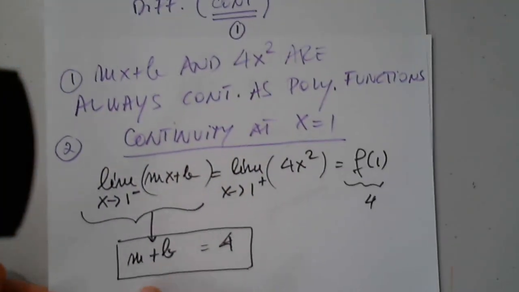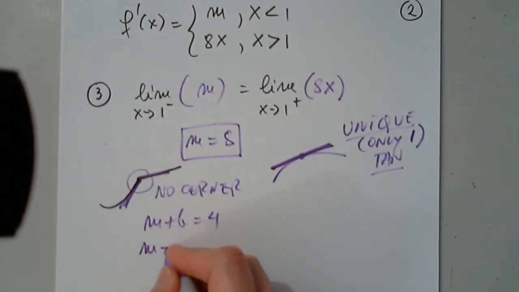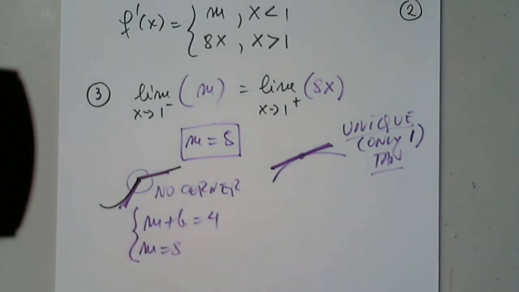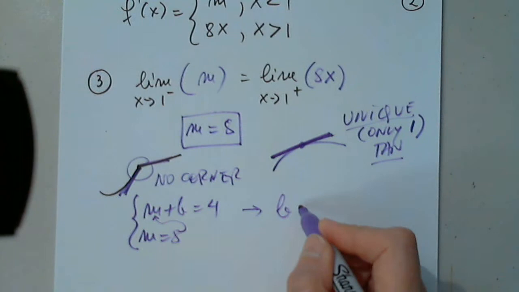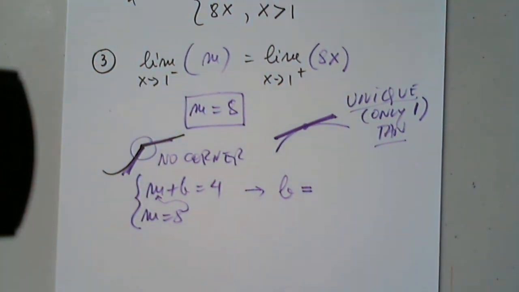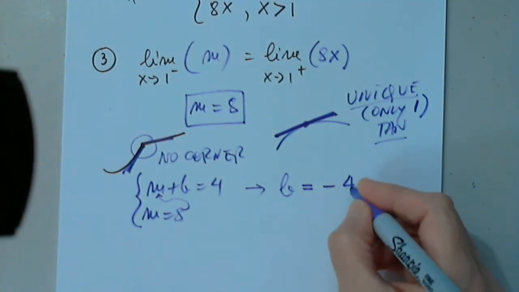We have the first equation, and we have the second equation. And this is a system. And if I plug 8 in here, how much is b? -4. That's it.